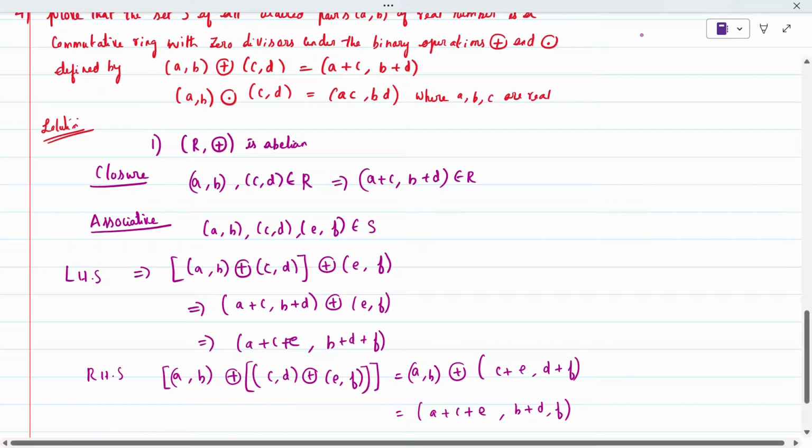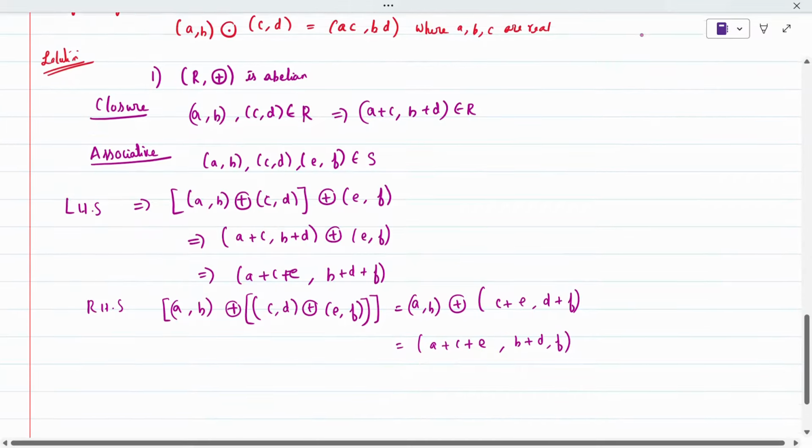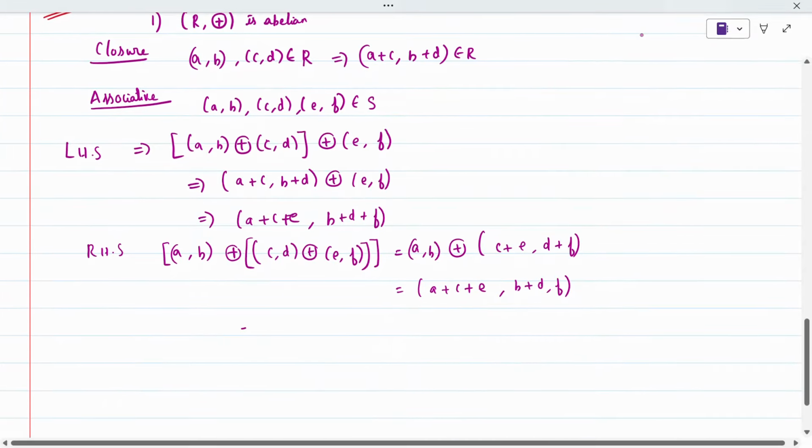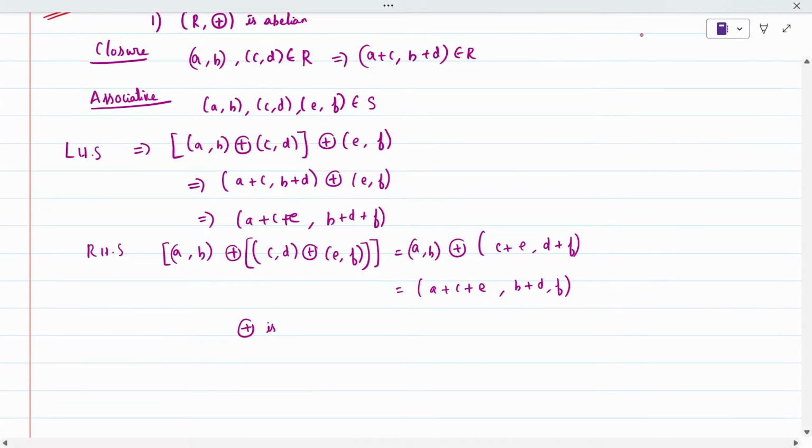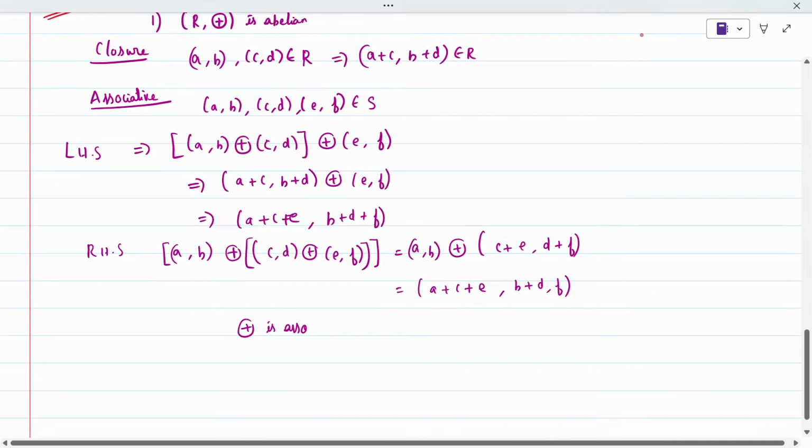You check, left and right are the same. So associative is satisfied; plus operation is associative. Next, after associative, is the identity element.